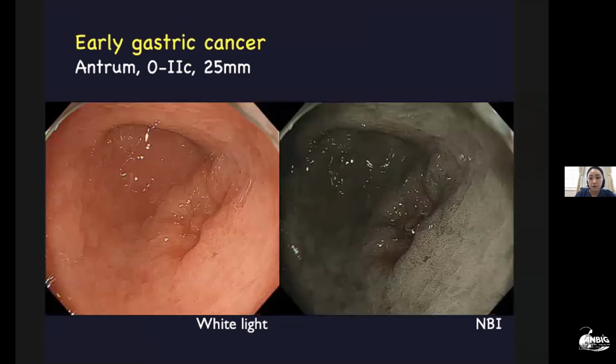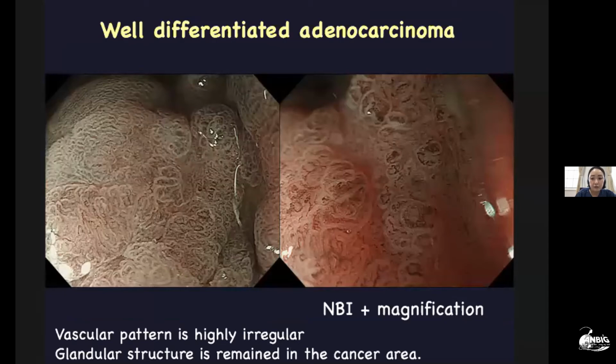This is an early gastric cancer case, and in the antrum there is a 0-IIc lesion seen with white light and NBI. With NBI magnification, a relatively regular glandular structure still remains.